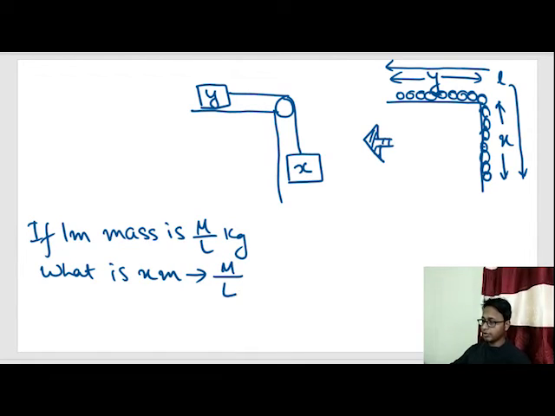Similarly, x meters mass is M by L into x. So if I assume this much portion as a mass out here, the mass of this portion would be M by L into x. Similarly, the mass of this portion out here would be M by L into y.